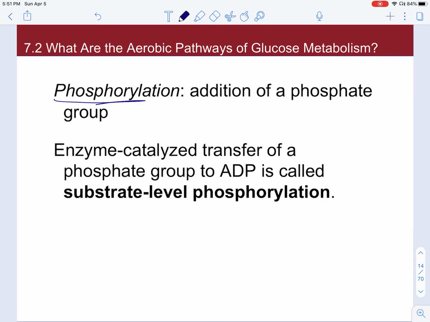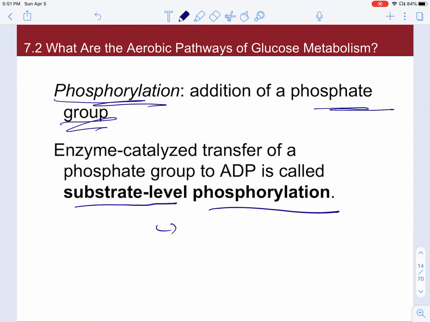And so phosphorylation is simply the addition of this phosphate group onto something. Now, there are 2 ways that this can occur. It can occur via substrate level phosphorylation. So that is when an enzyme directly puts a phosphate to a molecule.